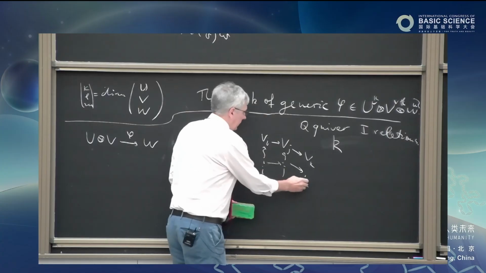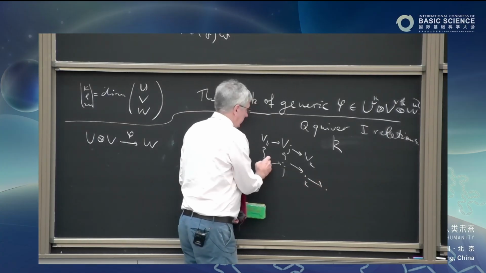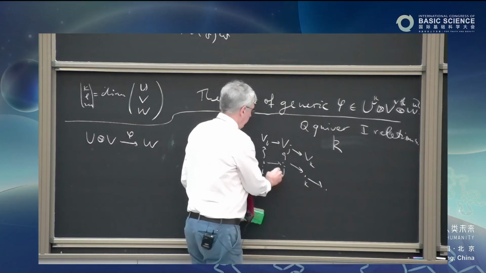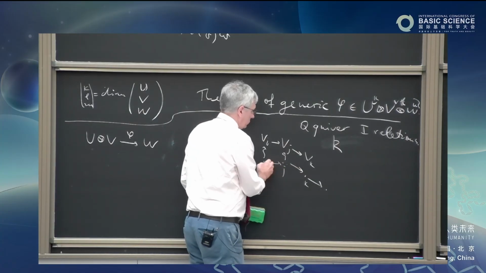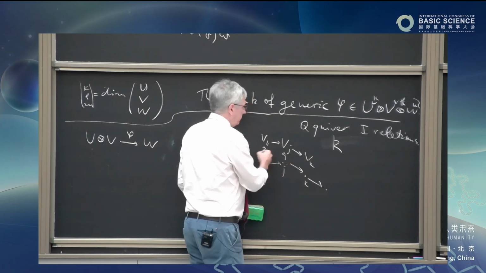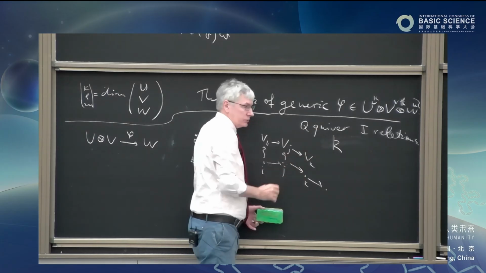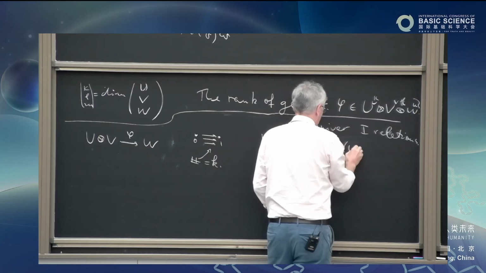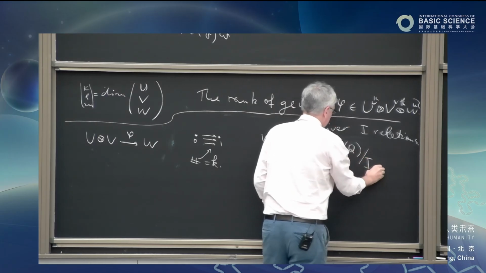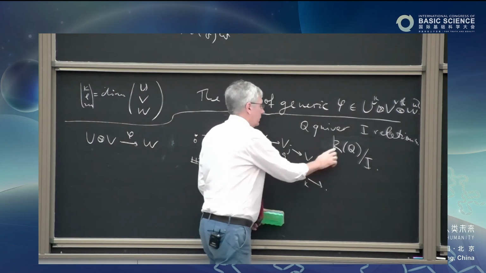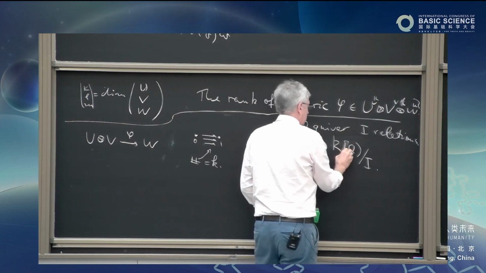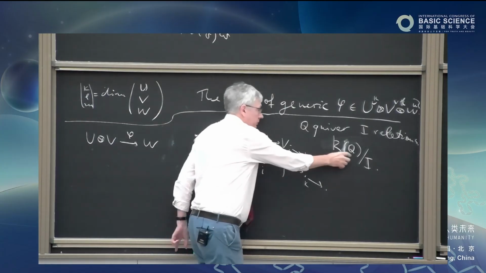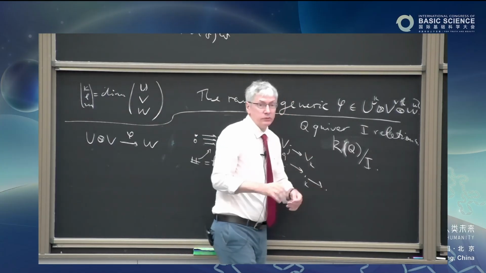For instance, if you consider this quiver, then the composition of this arrow with this arrow is just zero by definition. But the composition of this arrow with this arrow could be a new path, which might be zero or not zero, depending on your relations. So we consider the path algebra of Q over I. So this is the path algebra of the quiver, and we are modding out the ideal of relations.